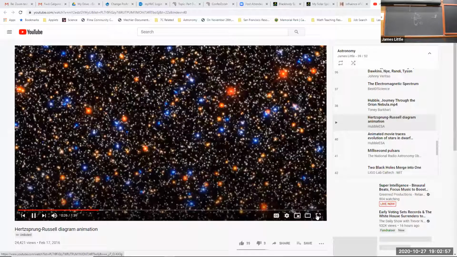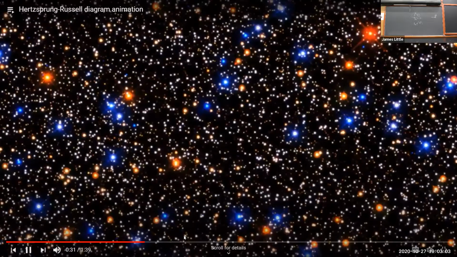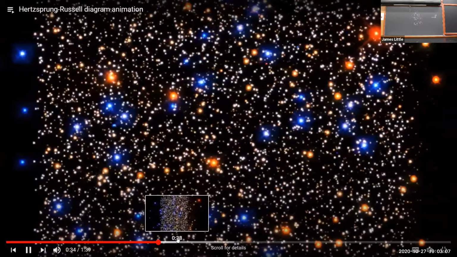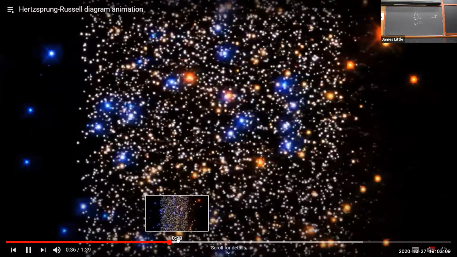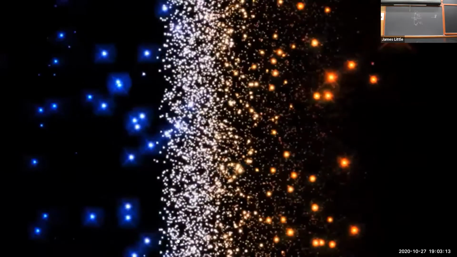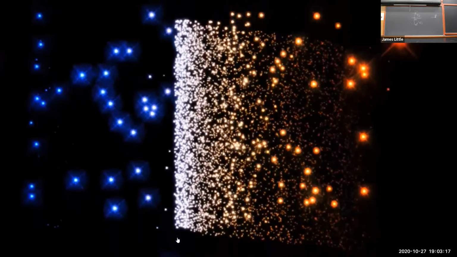Here is a more active example of how an HR diagram works. So we've taken some star field, and we're going to sort the stars by temperature first. So the hotter, bluer stars on the left, the cooler, redder stars on the right. And then we're going to sort them by their total energy output.